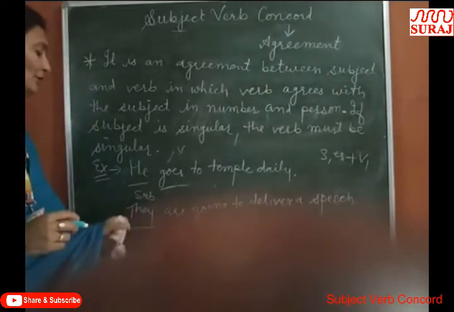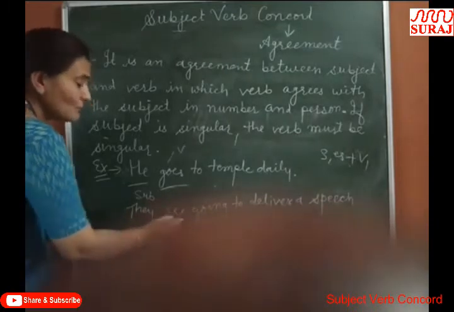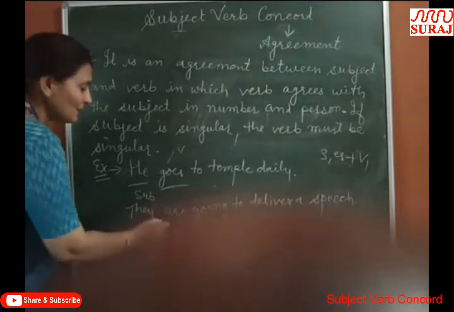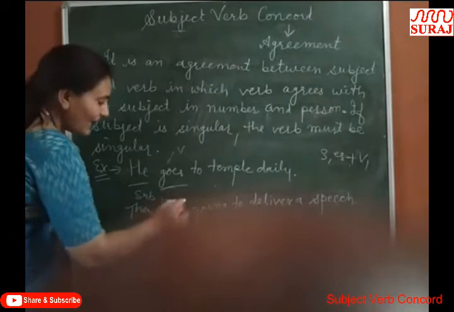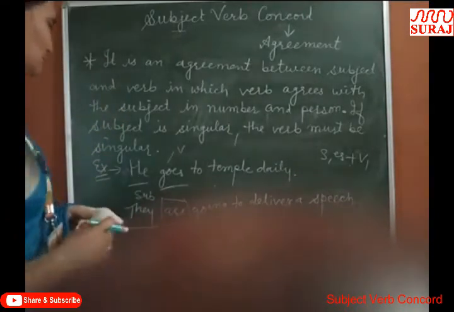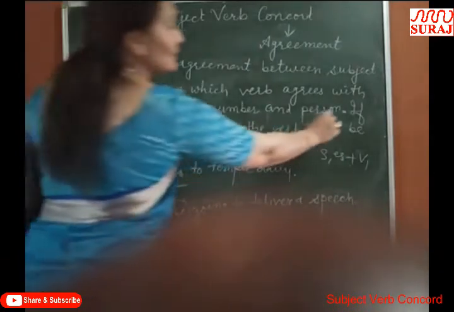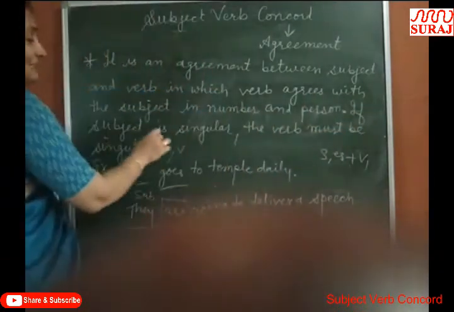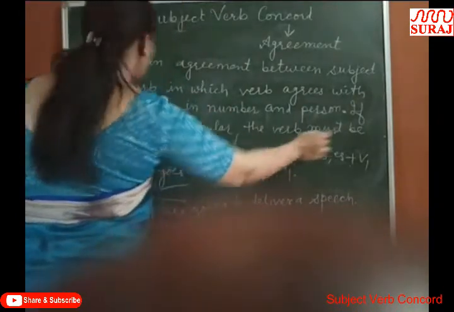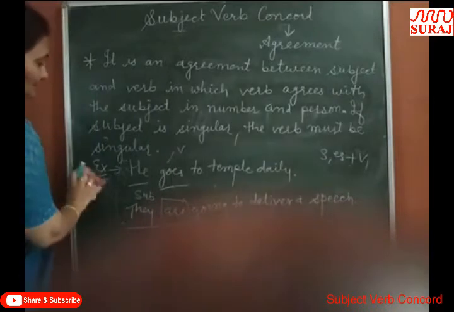If the subject is in plural form, so verb must be in plural form. Here are has been used, so are is also in plural form. So by these examples we have come to know about the first rule. If subject is singular, the verb must be singular, and we have proved by these examples.